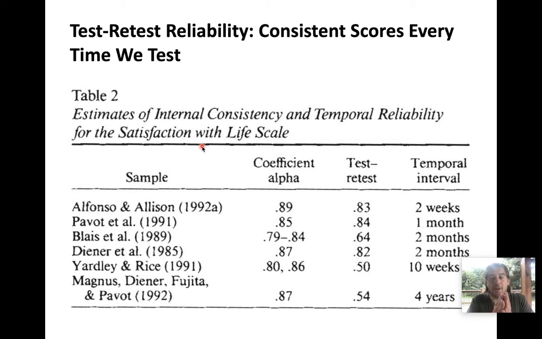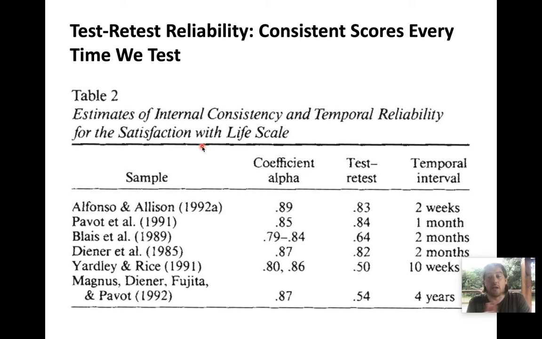However, as our time between test and retest increases, we might expect to see less reliability over time, meaning that your scores will start to differ. Because if I test you from day one to a week later, we expect your score to maintain some consistency.